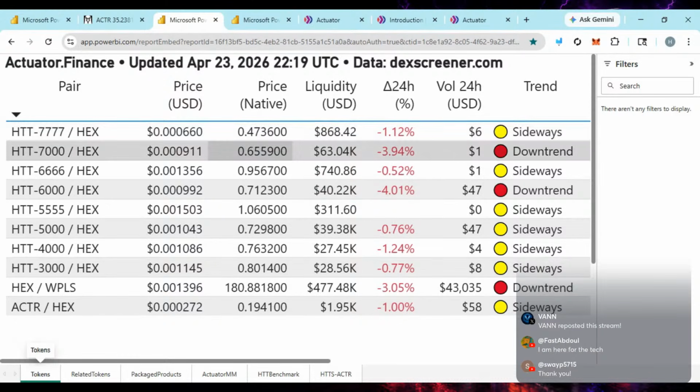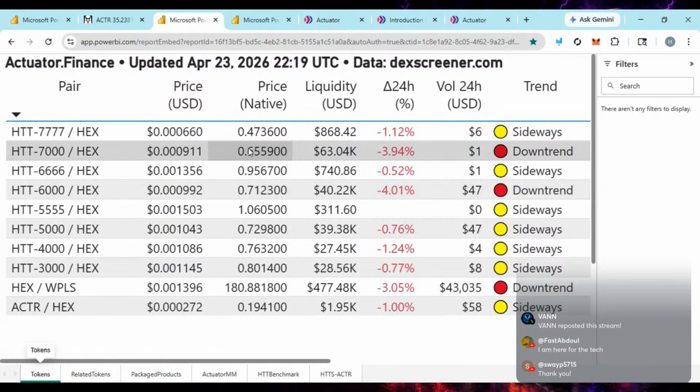And then you can see each one of these have a different value. The 7000s at 0.65, 6666 at 0.95, 6000s at 7.1. The HTT Quattro Cinco is equal 1-to-1 with HEX. Currently on the price, 5000s, 0.72, etc.